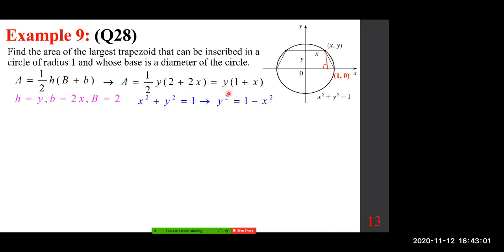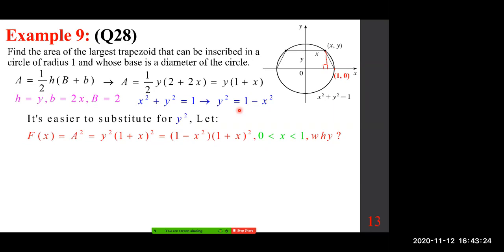It's just tedious. So why don't we deal with y squared? How do you deal with y squared if you deal with a squared? Okay, if you make this a squared and do the math, it works out absolutely the same. So a squared is y squared times 1 plus x quantity squared, and y squared is replaced with 1 minus x squared. So this is because it makes it easier.